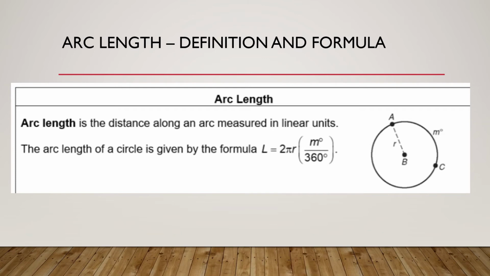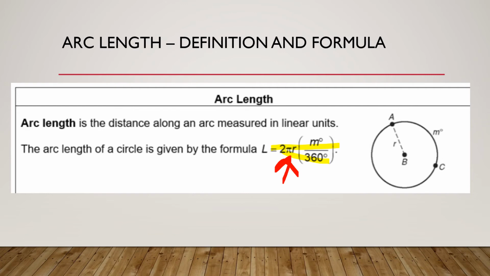So now we're going to talk about the arc length. So last week we did the measurement of the arc. This week we're doing what's the actual length. So if we would actually stretch it out and measure it, what would we get? So our formula for arc length is 2 times pi times r times the quantity of m divided by 360.